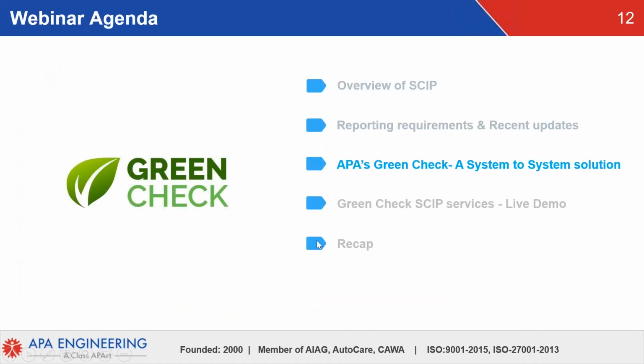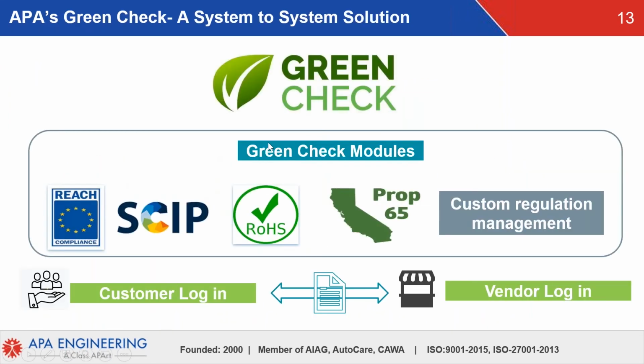Now let me walk you through APA's system to system solution. APA has developed a system to system solution in its prior software called GreenCheck. GreenCheck is web-based software, a SaaS model. Basically, it can manage multiple regulations. It has multiple regulation modules, especially REACH, SCIP, RoHS, Prop 65.